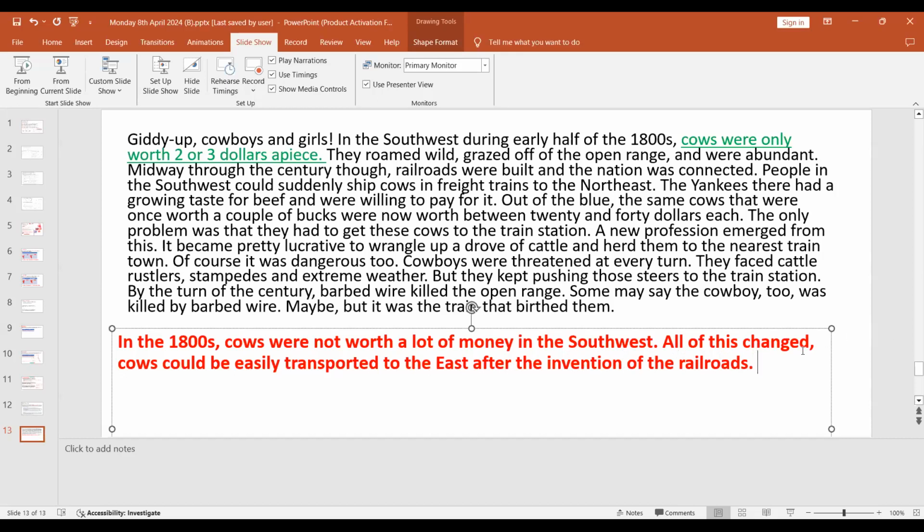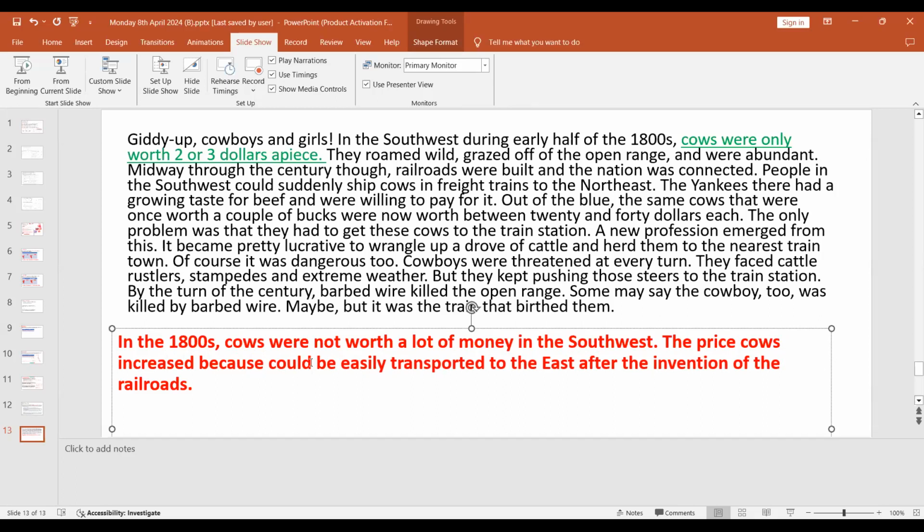Or we can say the price of cows increased because... it's too long.